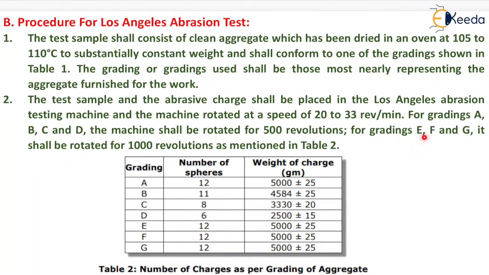For grading E, F and G, it shall be rotated for 1000 revolutions as mentioned in this table. Now for A type aggregate, the number of spheres required is 12 and weight will be equal to 5000 plus or minus 25 grams. Similarly for B, C, D, E, F and G, number of spheres is written here and weight of charge in grams is written here.